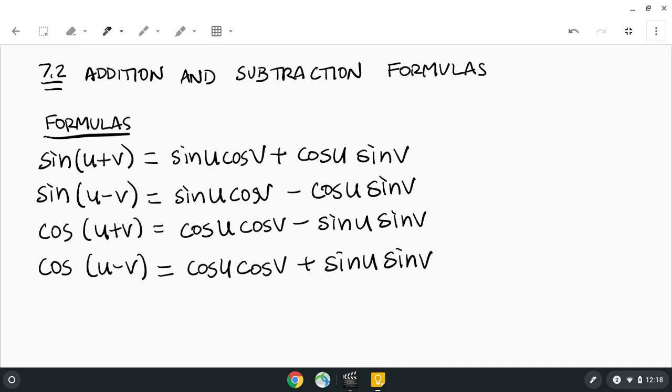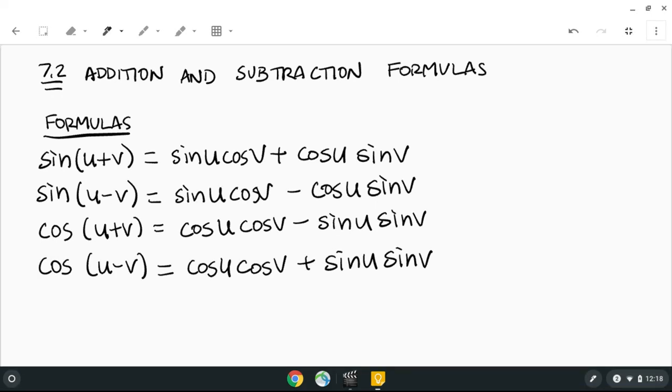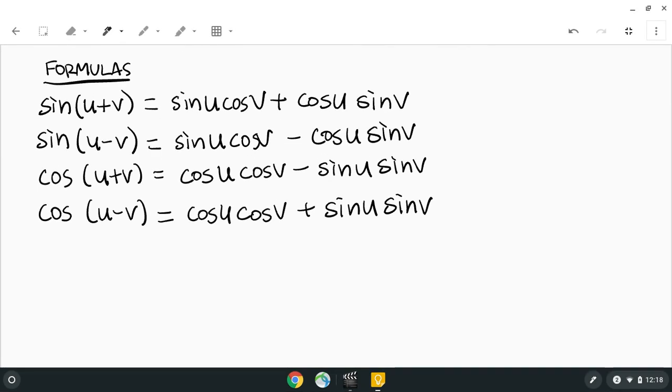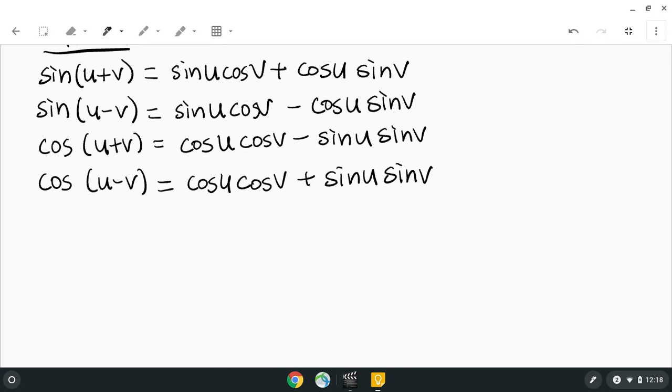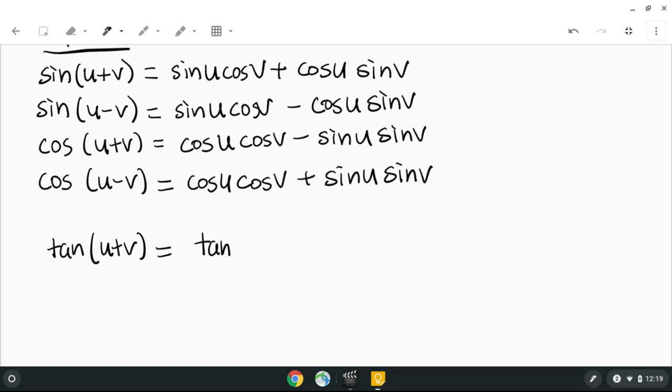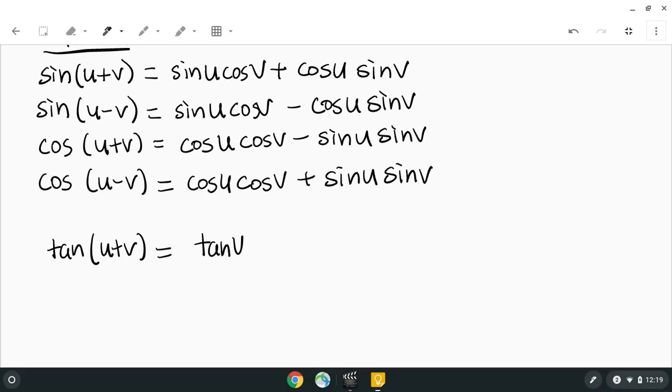So in this section, we're going to be paying more attention to structure instead of doing like what we were doing with verifying. And let's do the tangent ones. Tangent of u plus v is going to equal tangent u plus tangent v all over 1 minus tangent u tangent v.